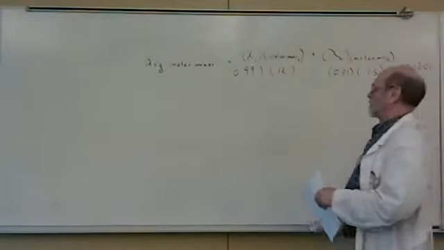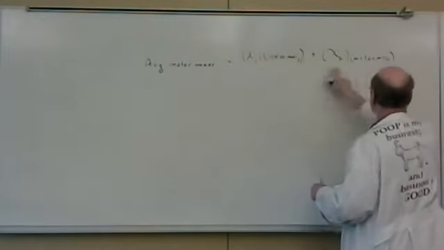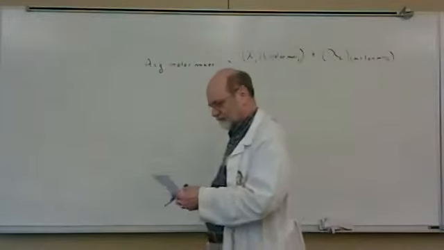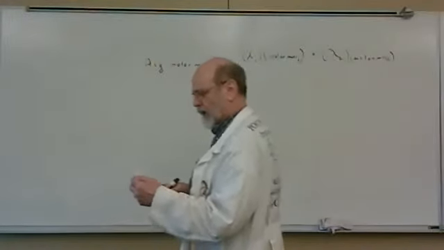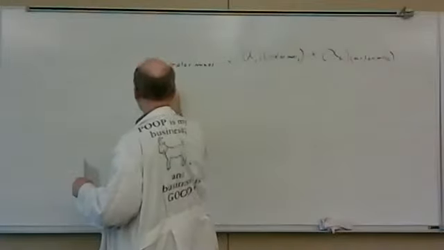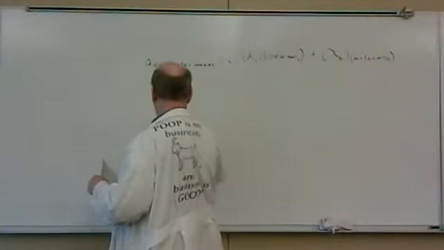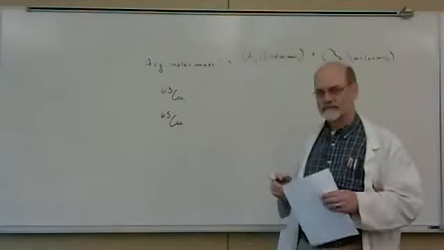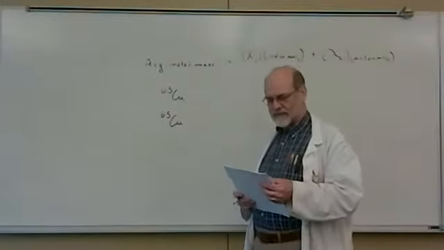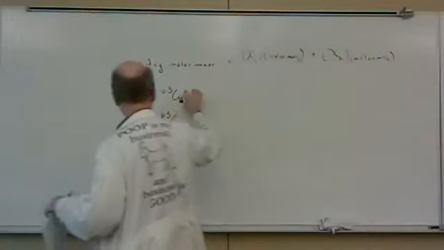Okay, so now that we know that, let's take the actual problem. Copper 63 and copper 65. So we have that isotope of copper and this isotope of copper. And the question is, what's the approximate natural abundance of this one?